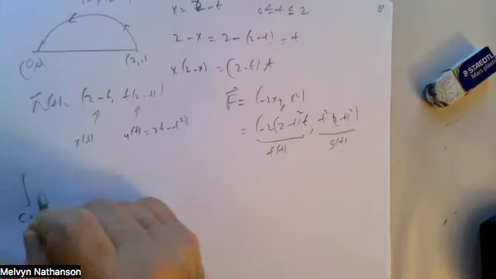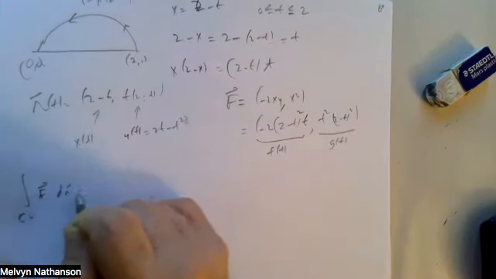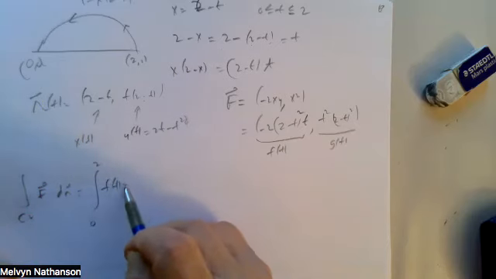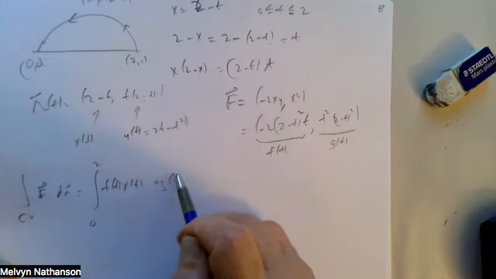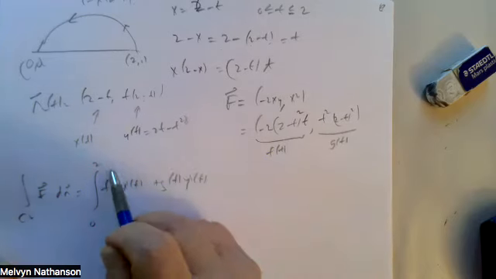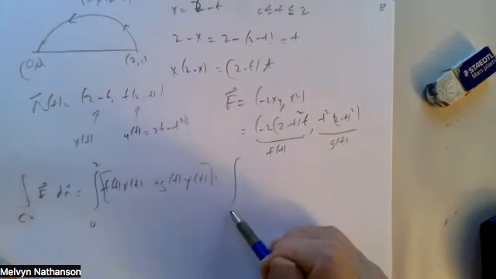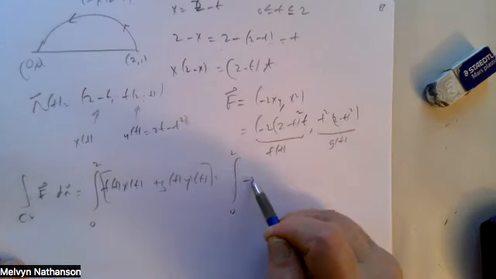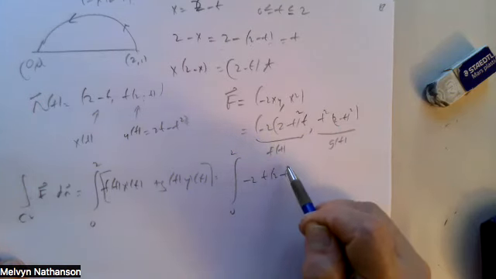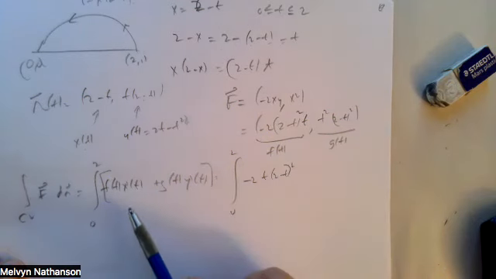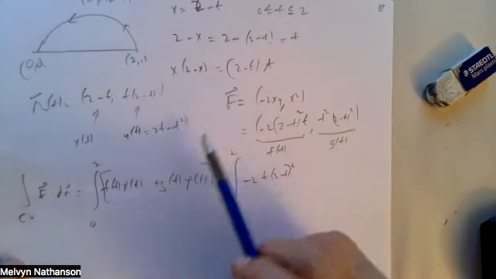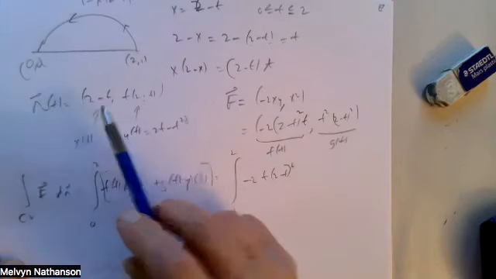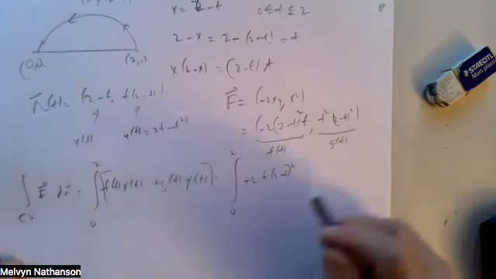The integral along C2 of F dot dr is the integral from 0 to 2 of f of t x prime of t plus g of t y prime of t. f of t is minus 2t times (2 minus t) squared, times x prime of t. x is 2 minus t, so the derivative is minus 1, which makes that plus.